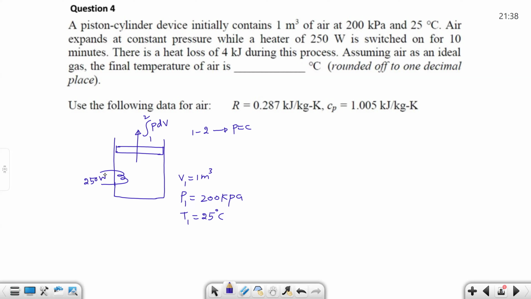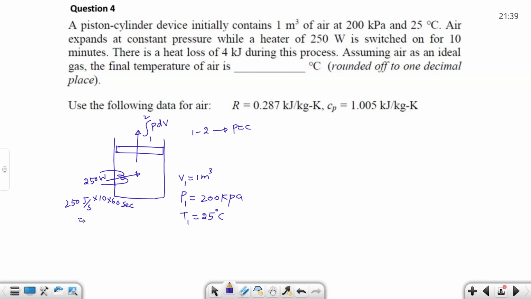So the energy given through this 250 watts is 250 joule per second into 10 into 60 seconds. So this much joule.